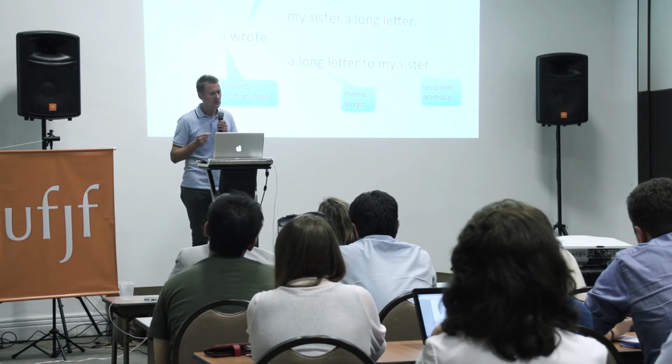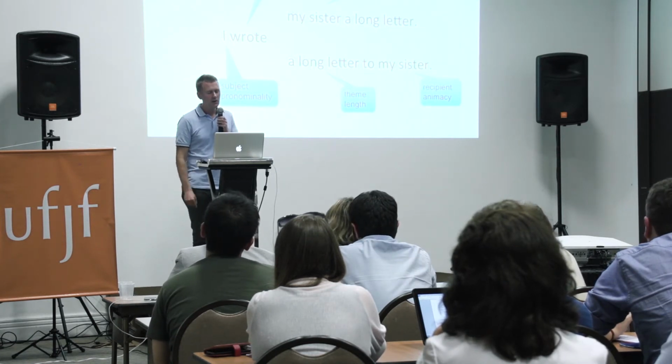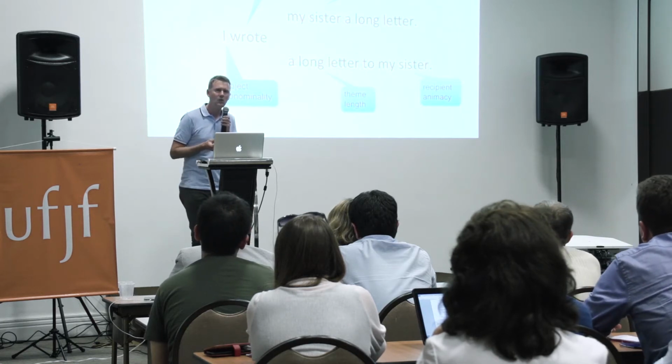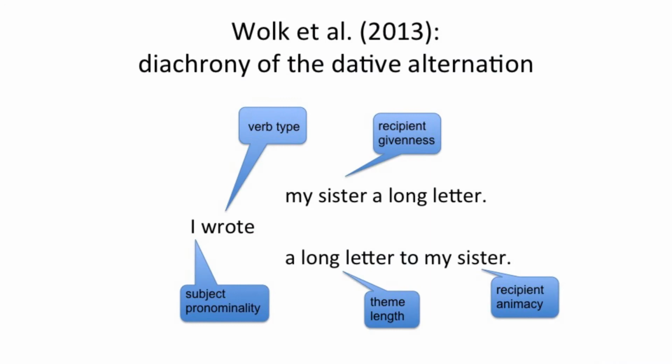And what Christoph Wolk and colleagues wanted to find out is whether these factors could also be seen at work in historical corpus data. Because if they were, that would mean that we can actually make some inferences about the competence of earlier generations of speakers. So here's what they say, and I want to read this to you.